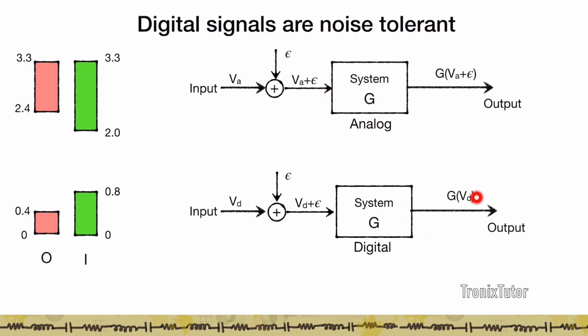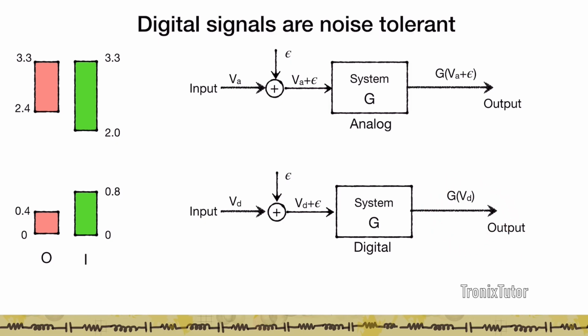Whereas in the digital system, the output is unchanged, provided this error voltage is within some specific range of the signal. So this is what I meant by noise tolerance. In a digital signal, I can tolerate, if I'm talking in voltages, a certain error in the input voltage, and even with that error, my output does not change.